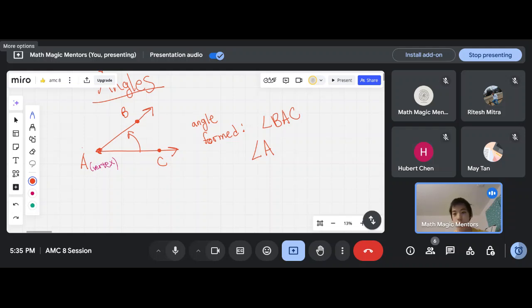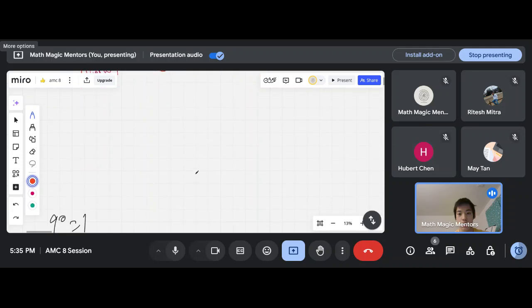Obviously, you can form many types of angles, so let's think about the different types. Let's start with angle BAC. This is my best attempt to copy over the angle, and you can see that it makes a V shape.